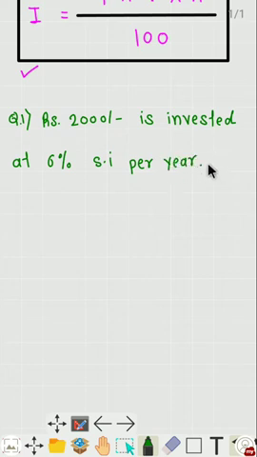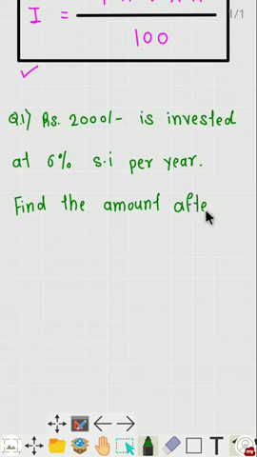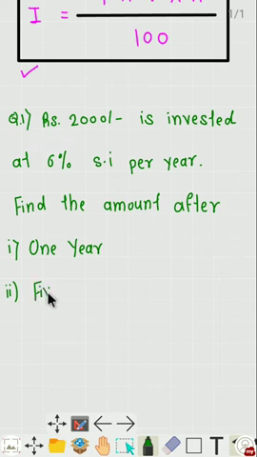Find the amount after 1 year, 5 years, 6 months.